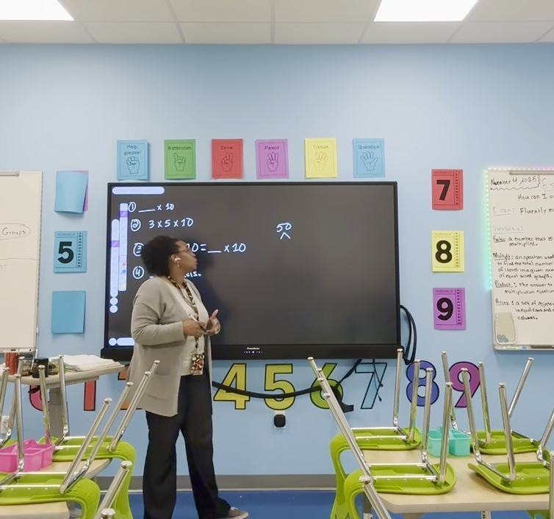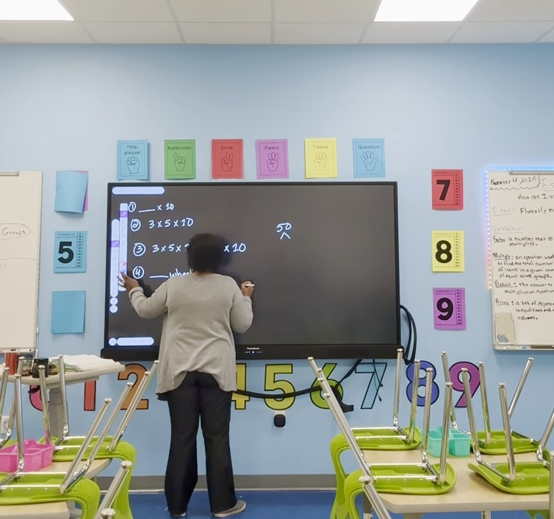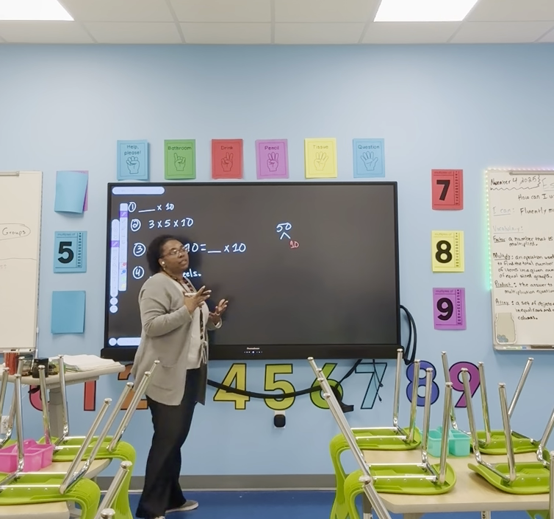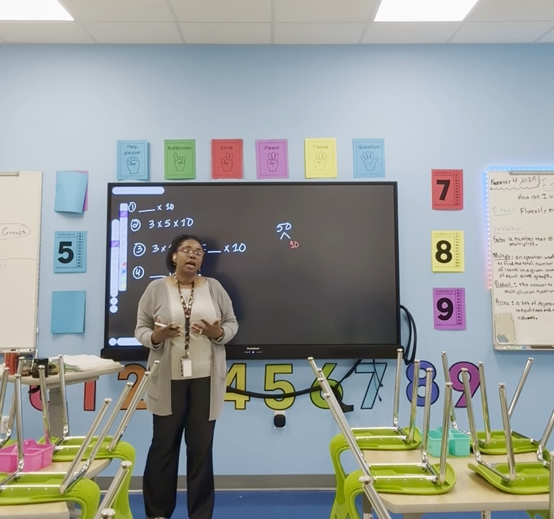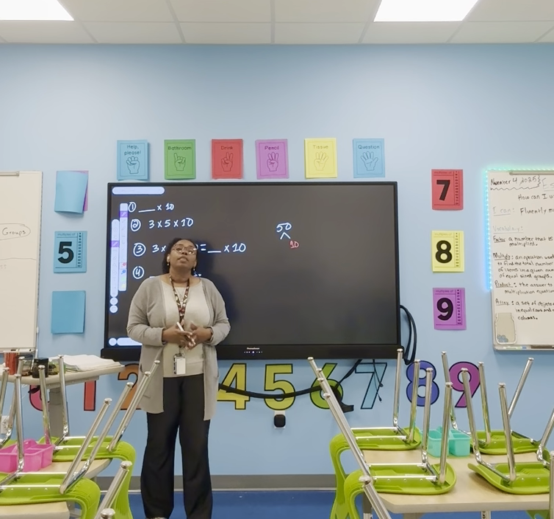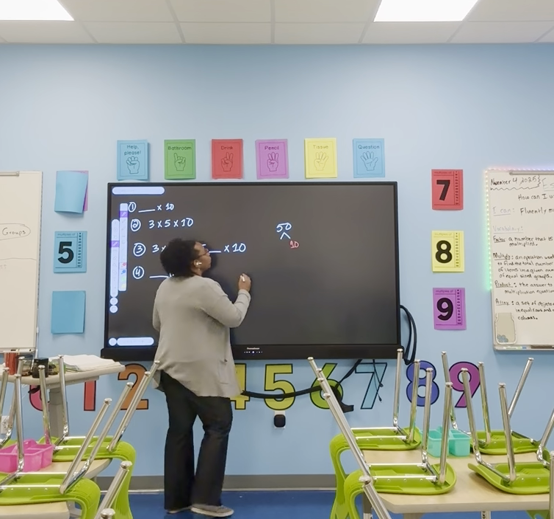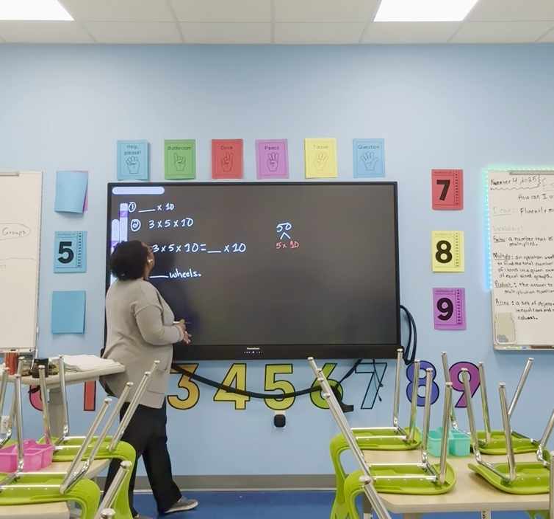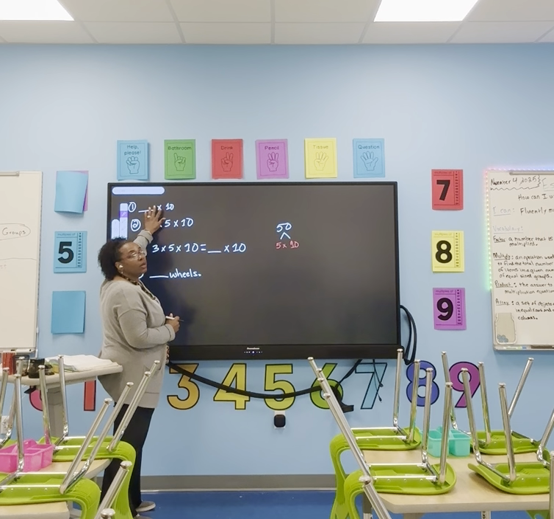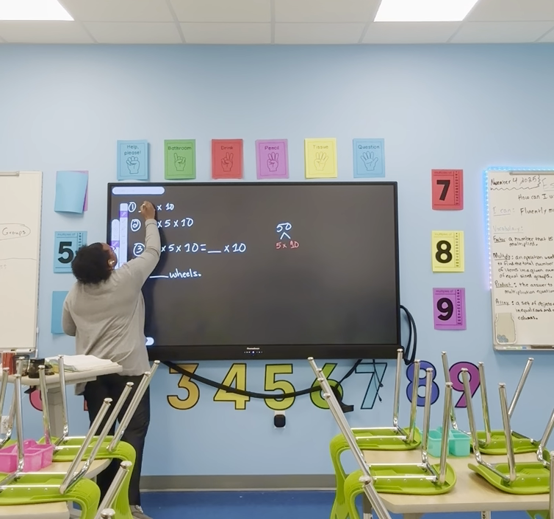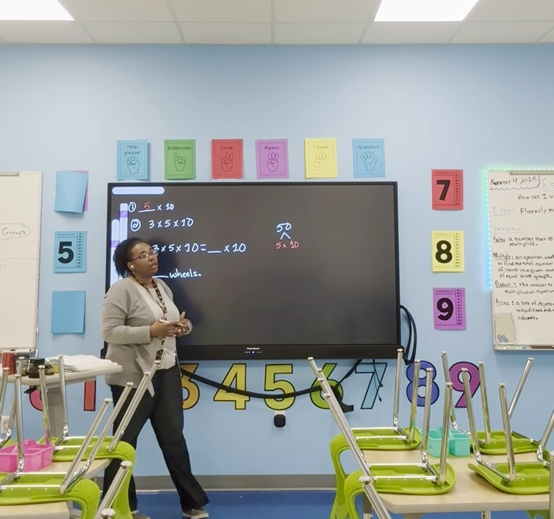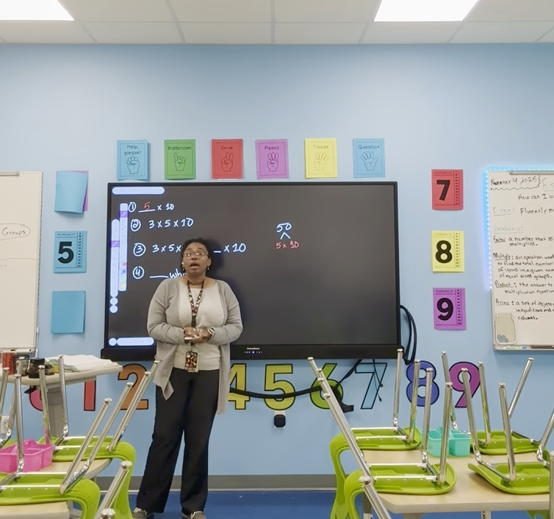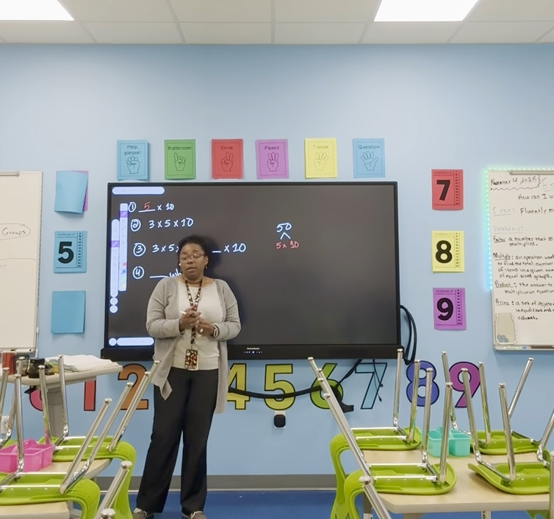So we're going to break it up into 10. And ask yourself, what could I multiply times 10 to get me 50? That will be 5. So we're going to break 50 up into 5 times 10. So when I go to number 1, that missing number is 5 because the 10 is already there. Because again, we're working with our base 10 blocks. 10s are easy to multiply by, so we stick with 10.